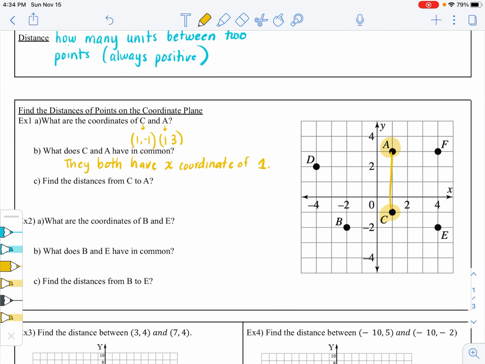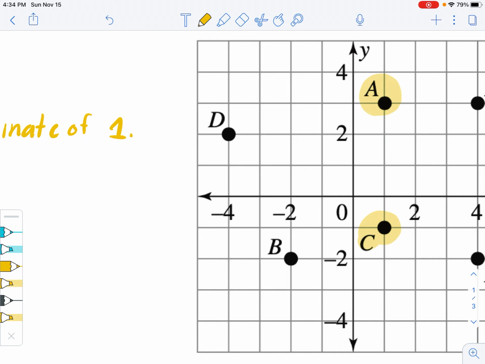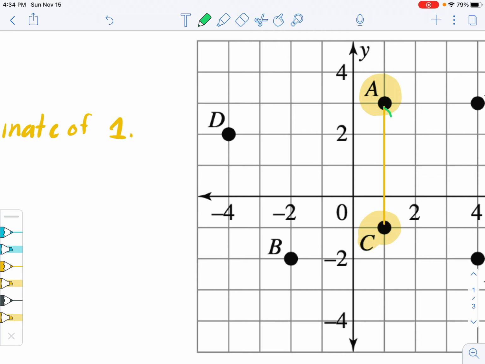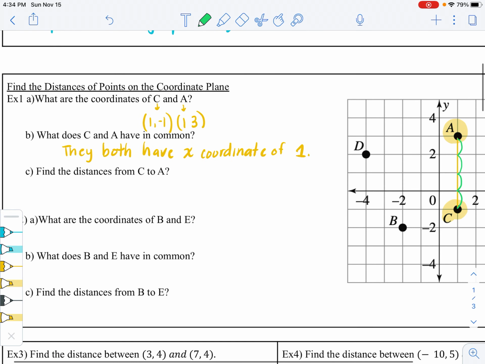Now, A and C, we can draw a perfectly vertical line to get from A to C. And we want to know the distance between A and C. How many units are A and C from each other? So to get from A to C, I like to count with loops. So 1, 2, 3, 4. They are 4 units away. So the distance from C to A is 4 units.